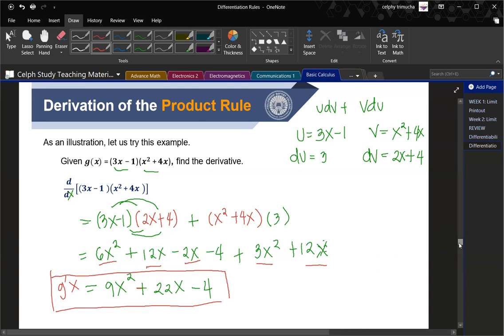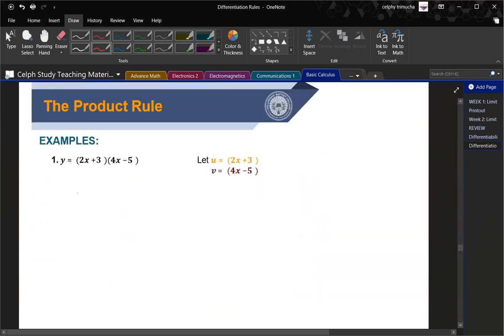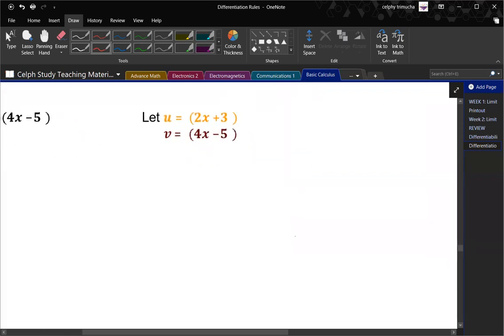Okay, so we have another example. So we have 2x plus 3 times 4x minus 5. So I have here na lang u which is 2x plus 3, v which is equal to 4x minus 5. So pangitaon naton danay ang du kag ang dv.